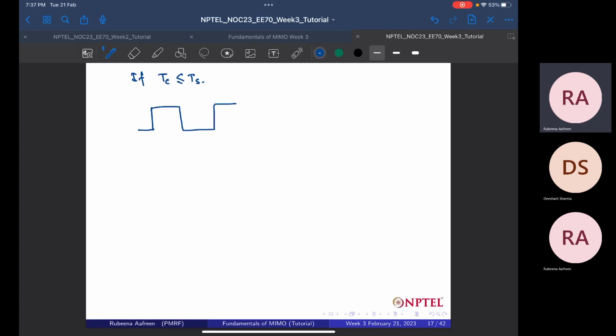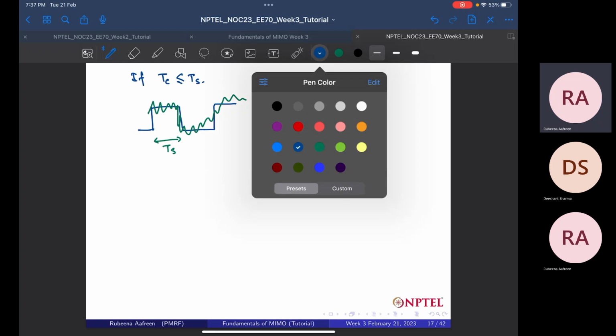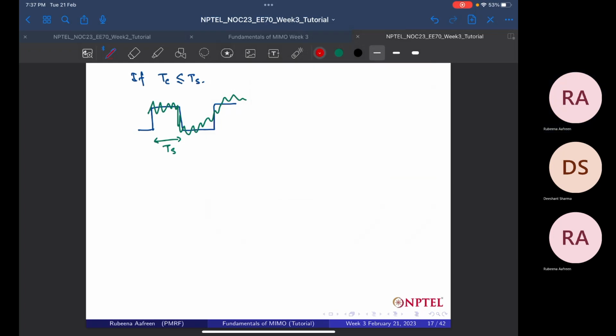In this case, if coherence time is less, the signal will be fluctuating more, right? So this will give a fast fading scenario. Correct. So all of this can be summarized into three things.